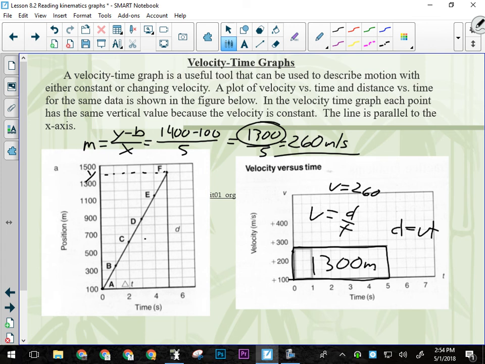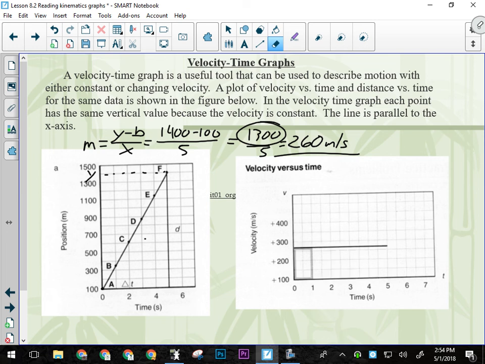All right. Let's say that instead of being a flat line, the graph looks like that instead. What's that object doing? Luke? It's accelerating. Okay? It's accelerating positively because it's speeding up.